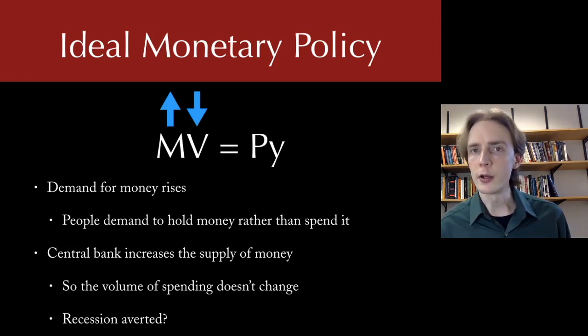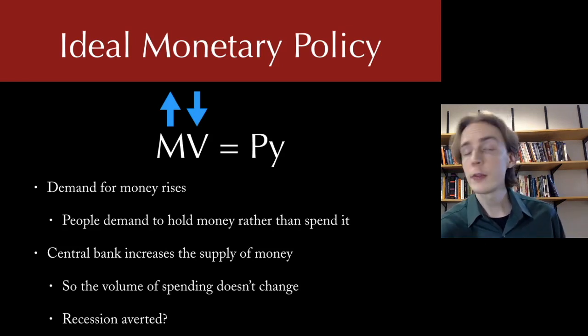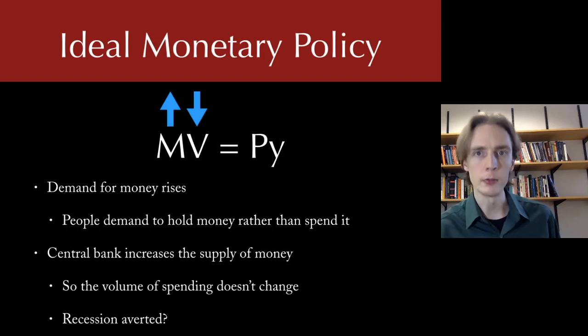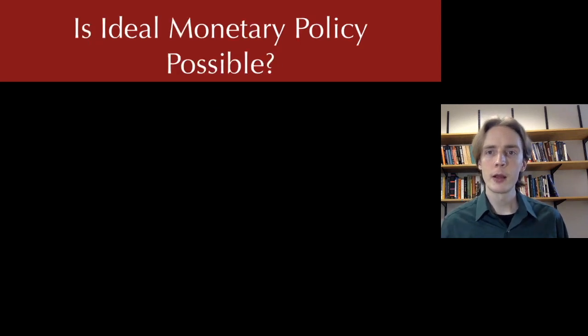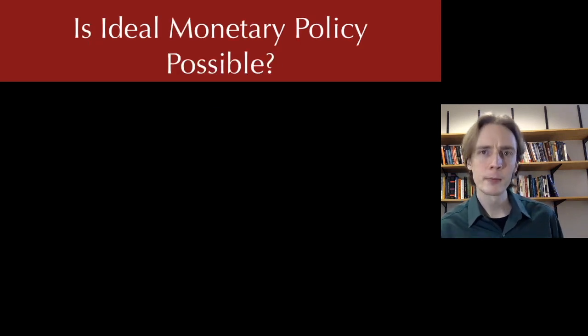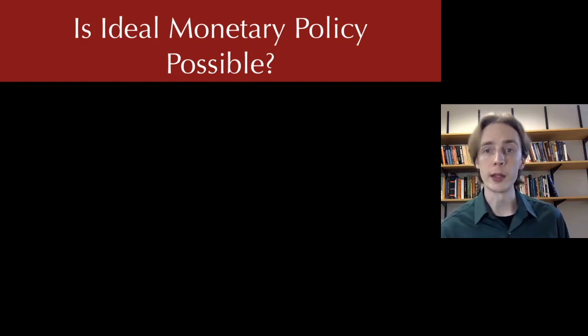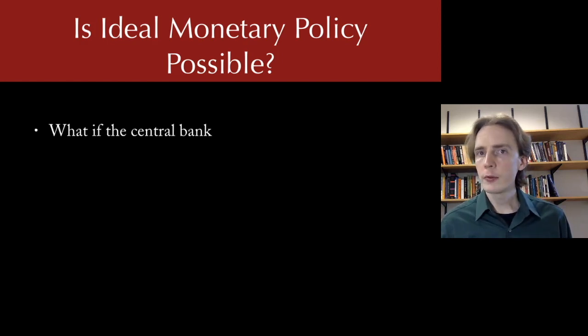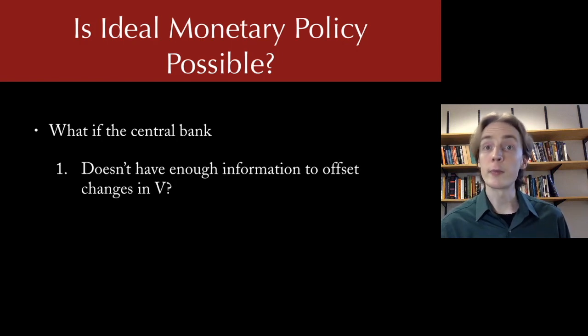So now we might want to know, well, okay, given that this is theoretically possible, is this actually what happens? How successful are central banks at doing this? And the answer is very mixed. Central banks have a very mixed track record in doing this adequately. So there's a few issues we might want to raise with the ability to do this. First of all, what if the central bank doesn't have enough information?